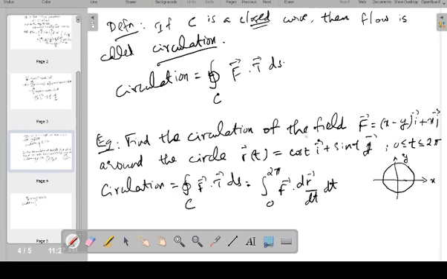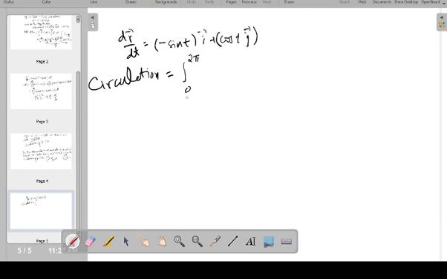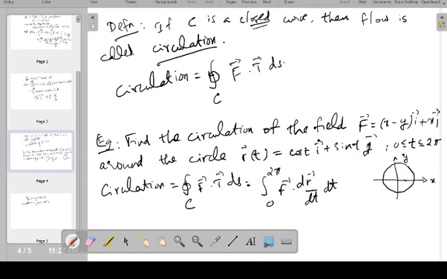But what is x of t? It is cos t. So y of t is sin t. So cos t minus sin t times vector i plus, in the second component I have to take x of t times vector j.